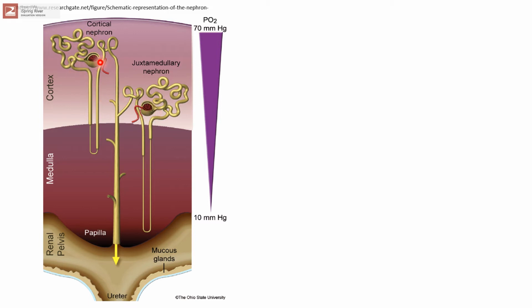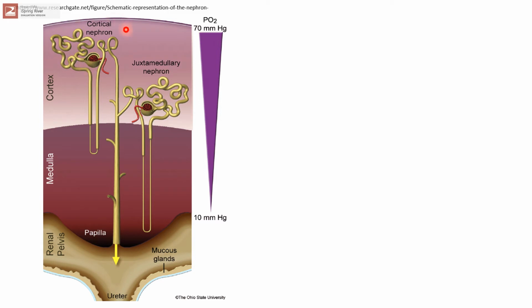So there are two types of nephrons. The first one that you see over here is the cortical nephron, and the second one is the juxtamedullary nephron. 85% of the nephrons in the kidney are cortical nephrons.